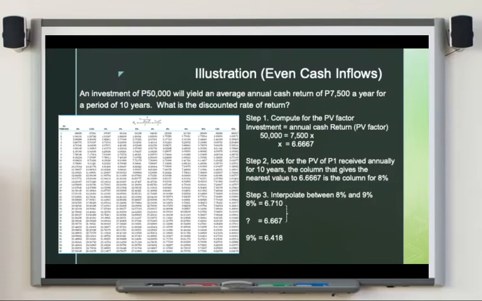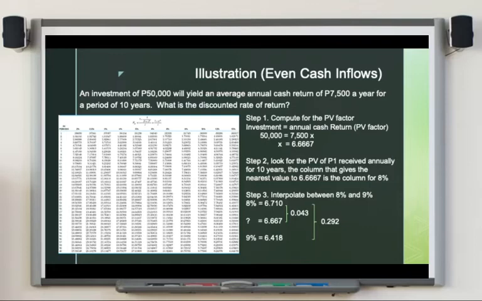And that is by deducting first the present value factor under 8%, 6.710, from 6.667, and you will get 0.043, and then get the difference between 6.710 and 6.418. You will get 0.292. So our present value factor is actually in between 8% and 9%.